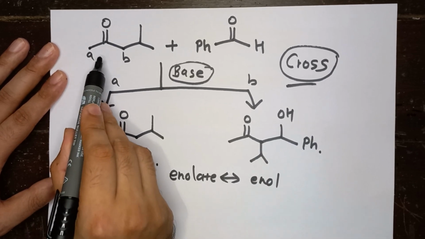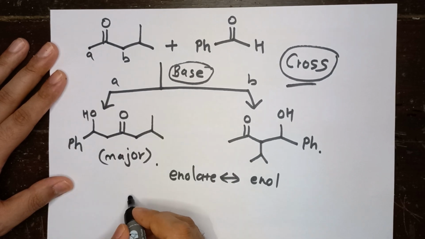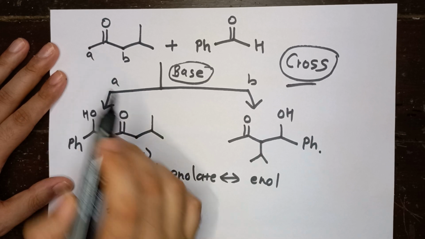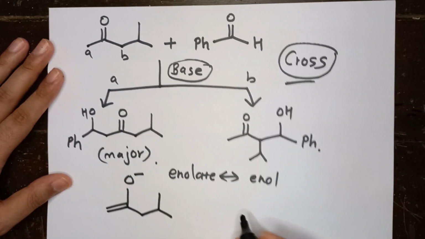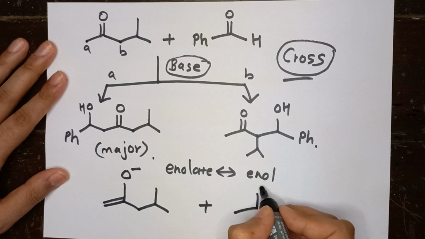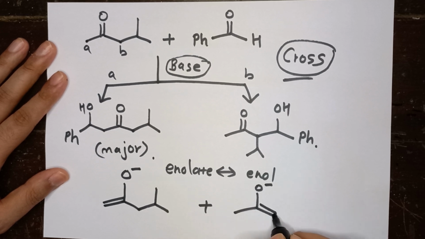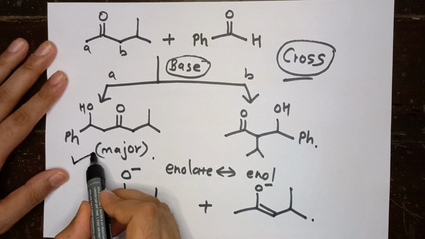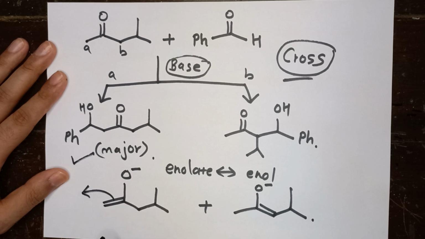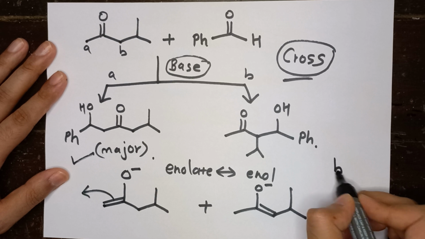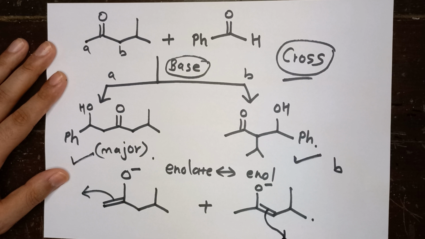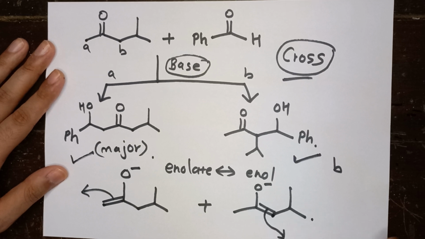So for this molecule, the enolate can be drawn in 2 ways. First coming from A and second coming from B. If it goes via A, we'll get this as the major product. Then we will attack from here and this carbon will get connected. If it goes via B, we'll get this as the major product simply because this will attack and this will get connected to this carbon.